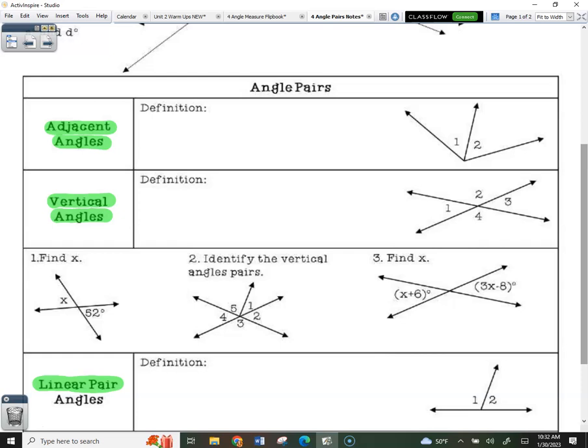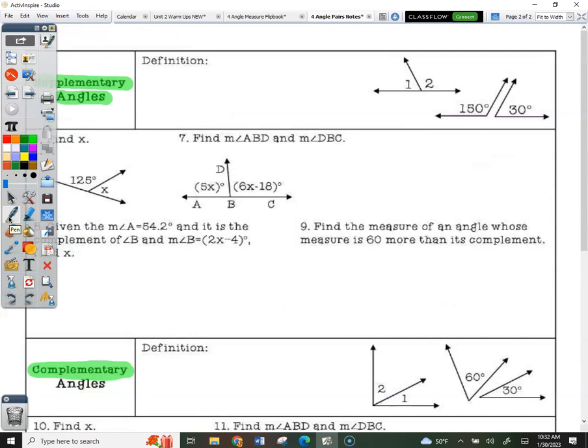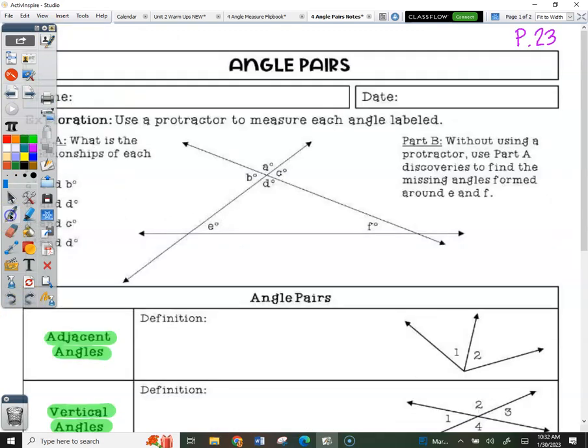Okay, adjacent angles. You're going to hear this a lot. The name adjacent should help you understand that it means side by side. Okay, so they have something in common. Let's try again.